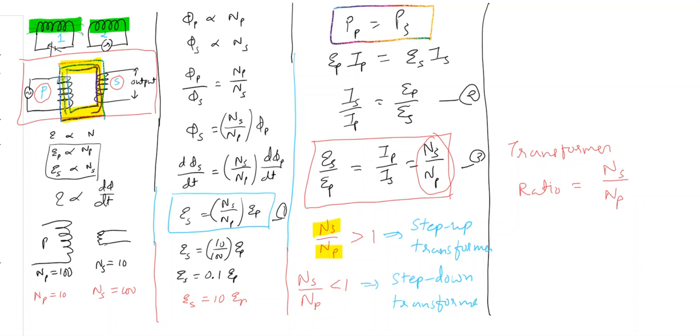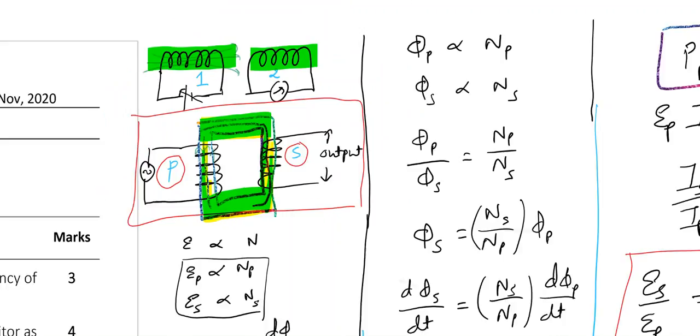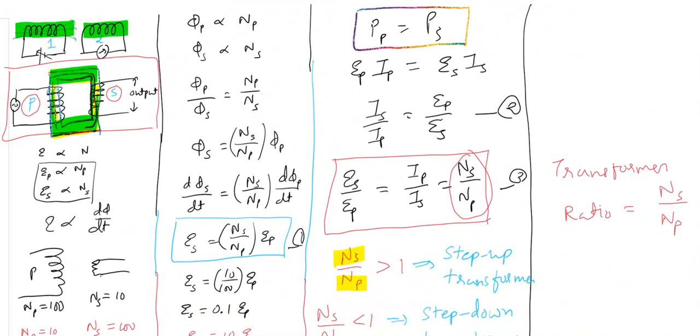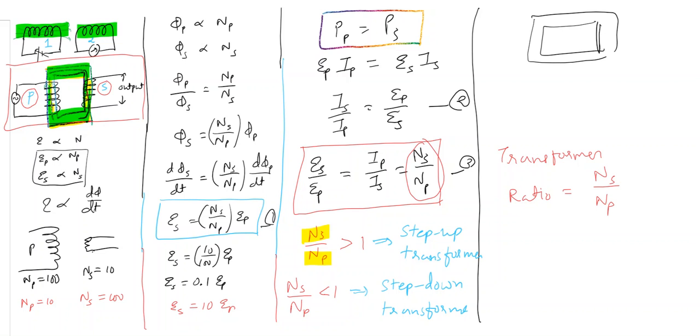This soft iron core which is placed between the two coils is sometimes put in the form of strips to avoid or to minimize eddy currents. And sometimes the coils are wound on the two sides of a rectangular soft iron core. One coil, the primary, is here, and the secondary is taken on the other arm.